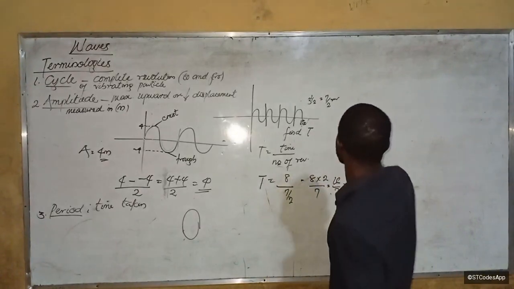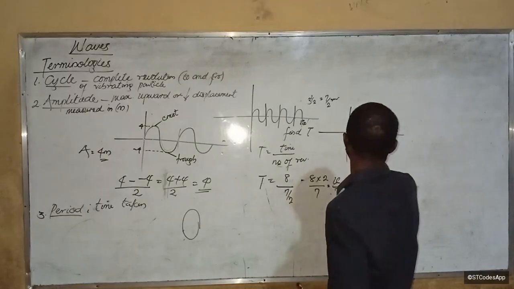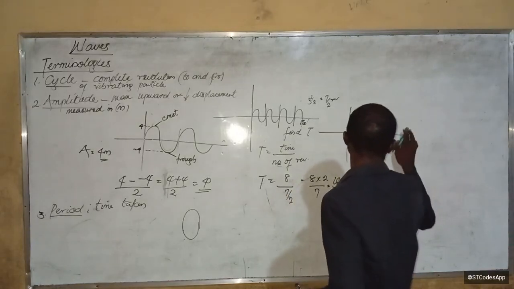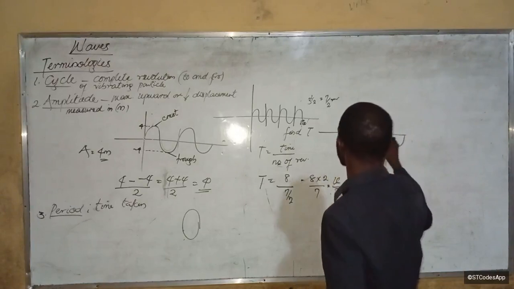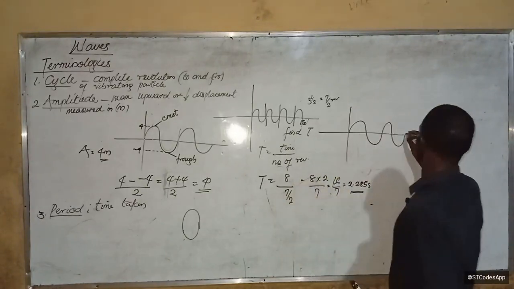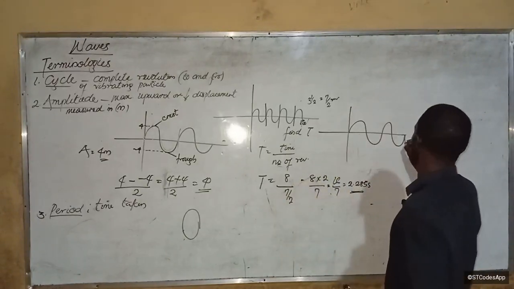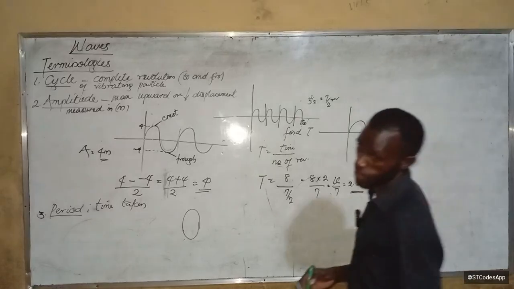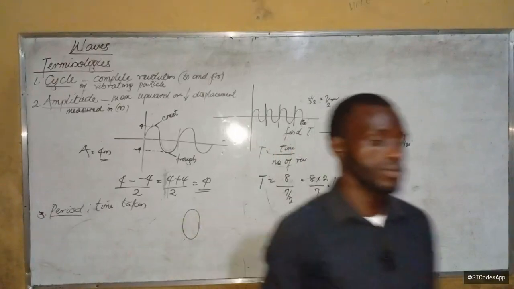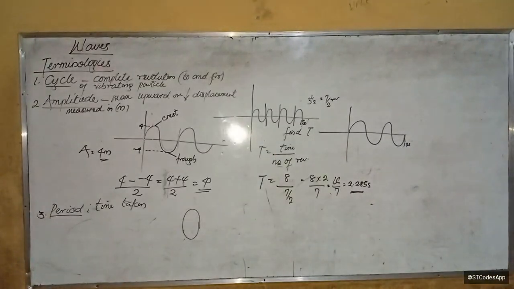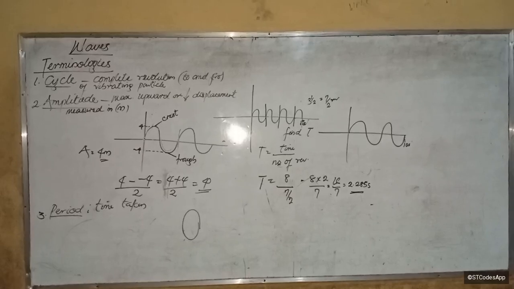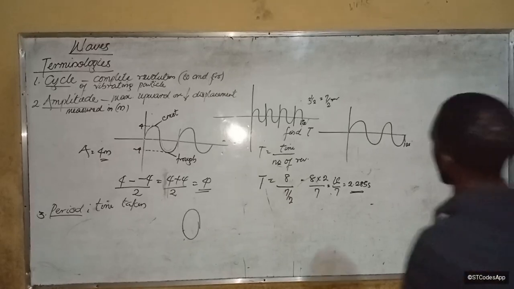Alright. Find this for me. Give me the period if the time taken to get here was 10 seconds. Find the period for me. So the question says that you are given a waveform like this.